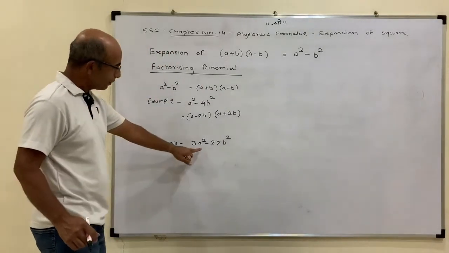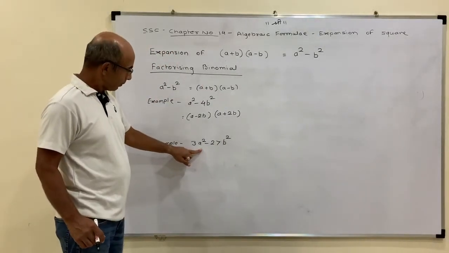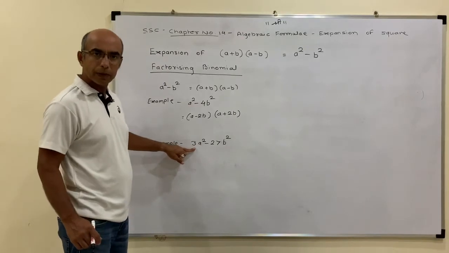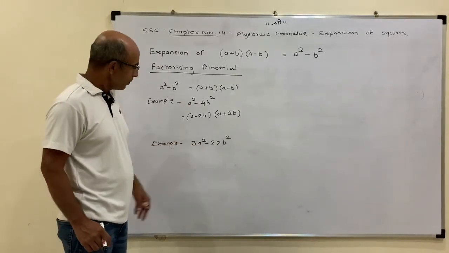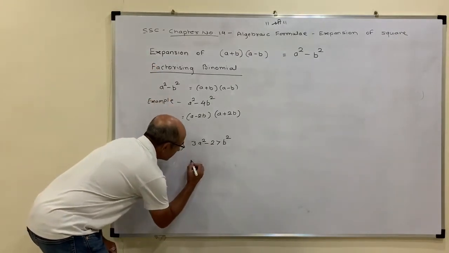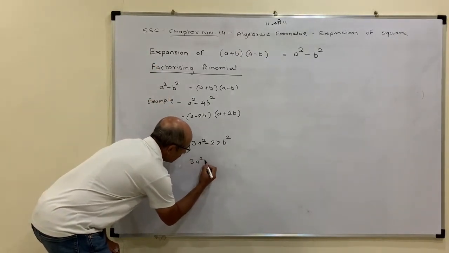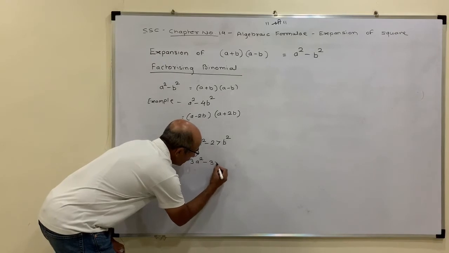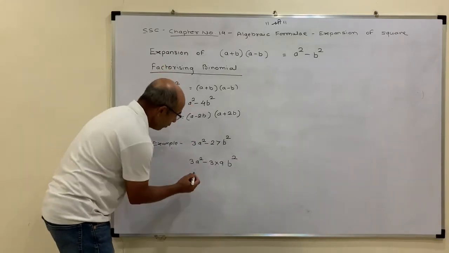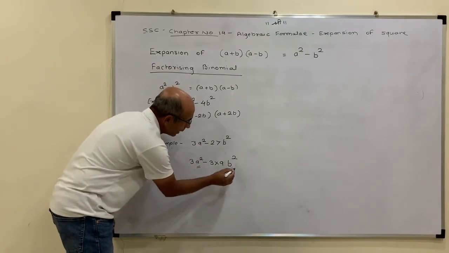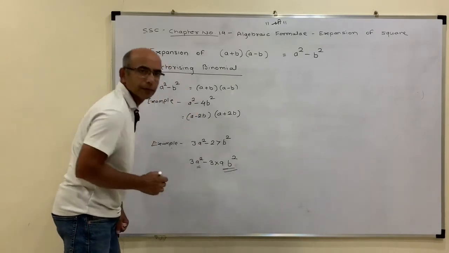Now a square is a perfect square, but 3 is not a perfect square, neither is 27. So I am factorizing 3a square minus 3 into 9b square. Now a square is a perfect square and 9b square is a perfect square.